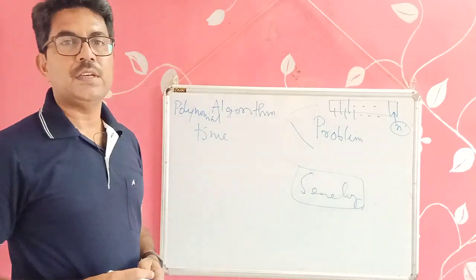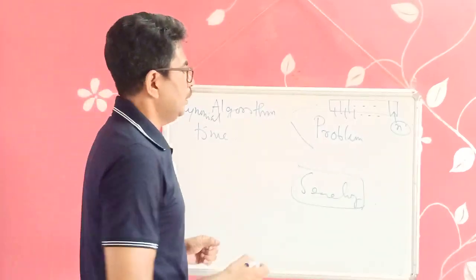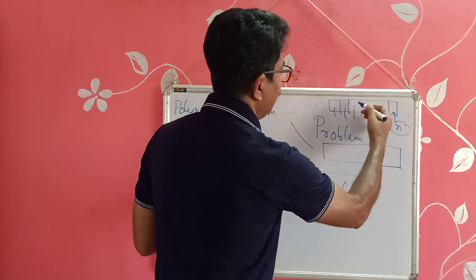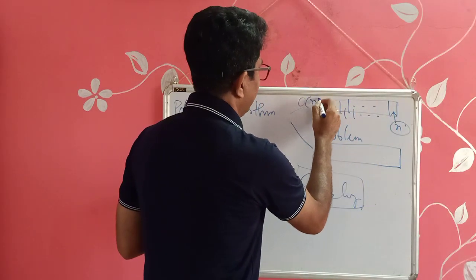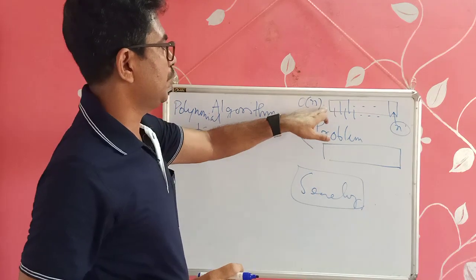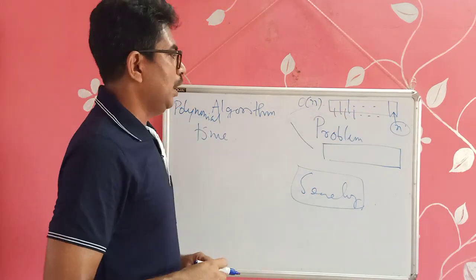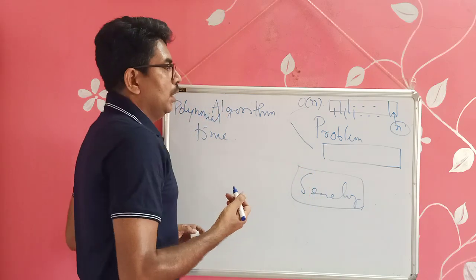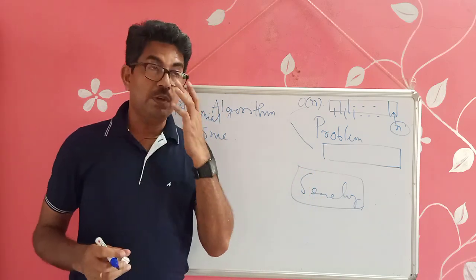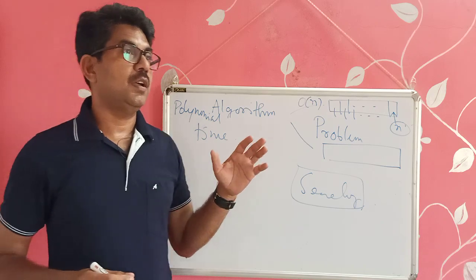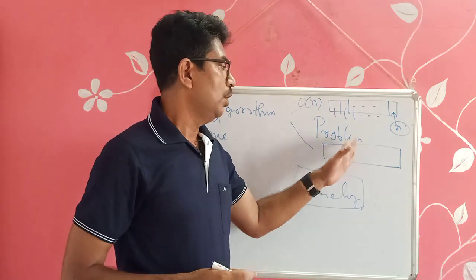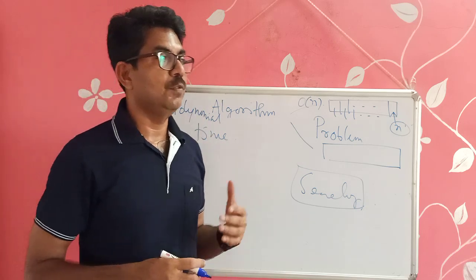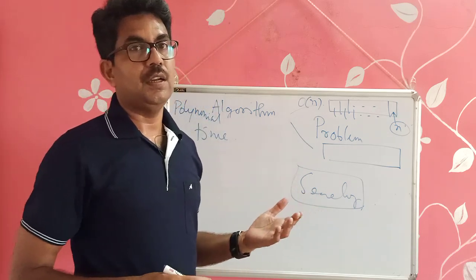Next, we can go for another kind of approach. Here the time complexity of this algorithm is order of n, the worst case time complexity. Now we can go for another kind of solution. Hope you remember that during our discussion of randomized algorithms, we said there are algorithms where we may not always get the correct output.